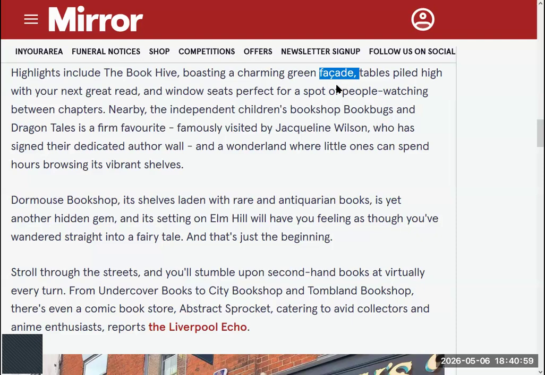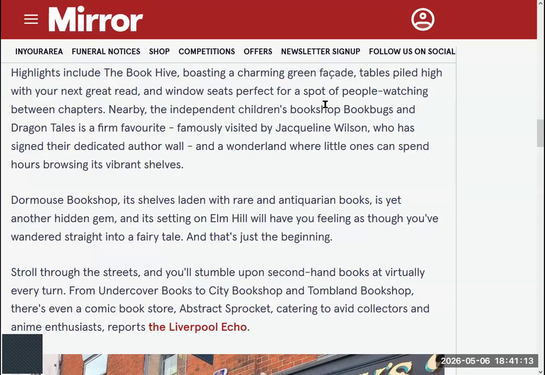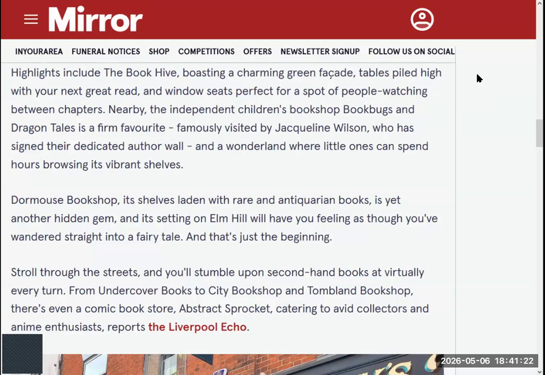Could be the face of a building, but here they're talking about green facade tables piled high with your next great read. So it's talking about the fronts of tables, I guess. So facade basically means the face or the front of something. That's really what it refers to.